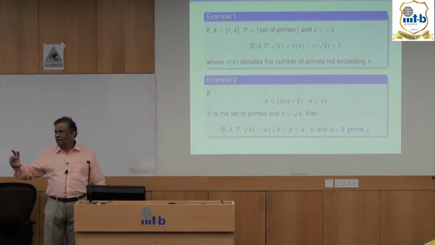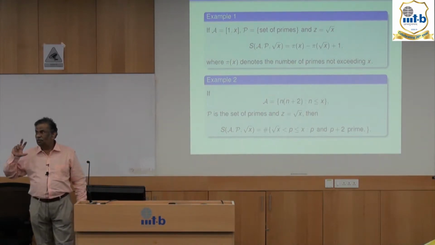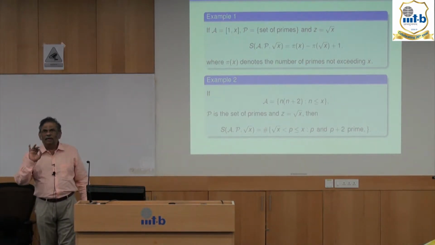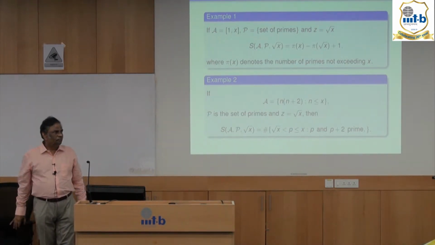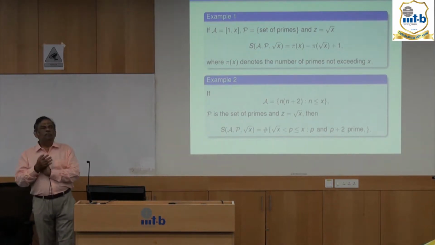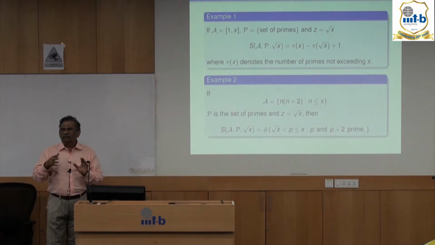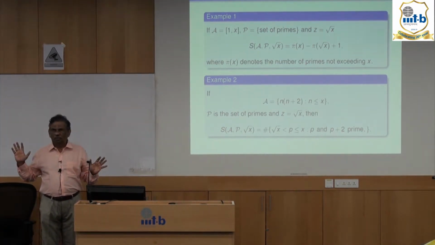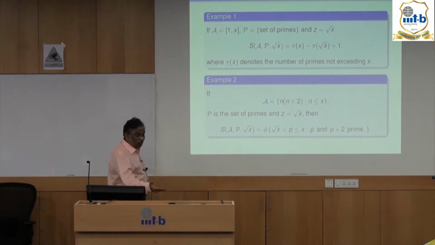The question naturally is, and this is a question which dates back around 2000 years, whether there are infinitely many such pairs of twin primes. And then under probability considerations, people were even able to make a certain asymptotic formula for the number of twin primes, how many twin primes would exist, and so on. And that also can be done.